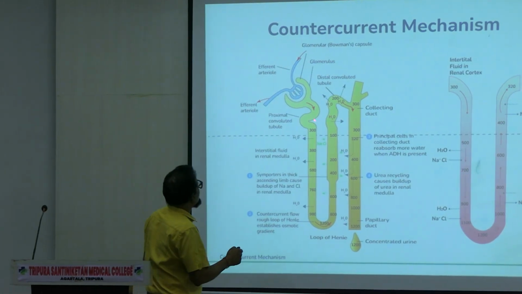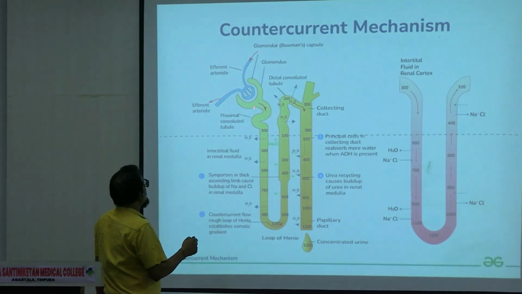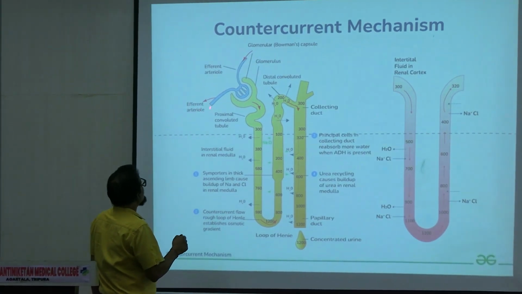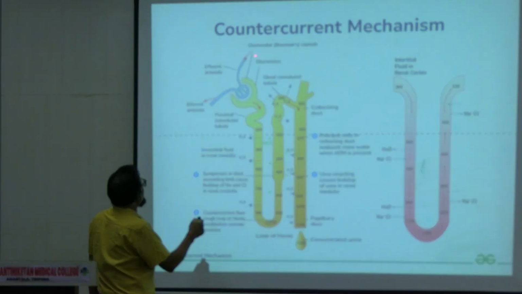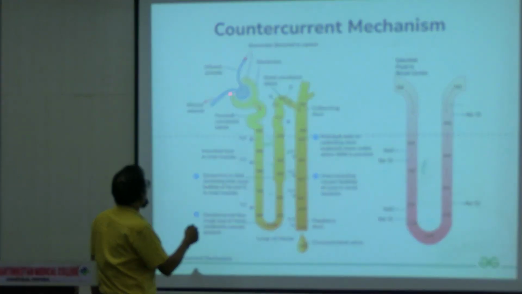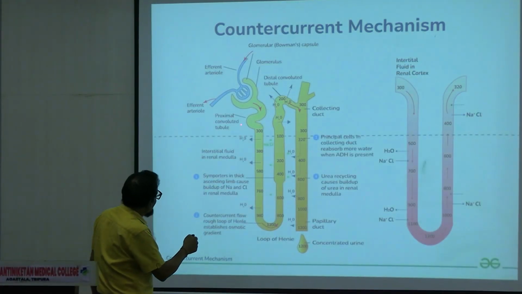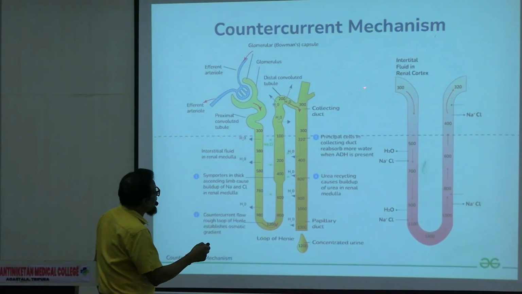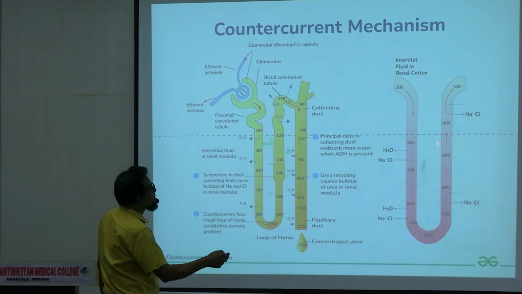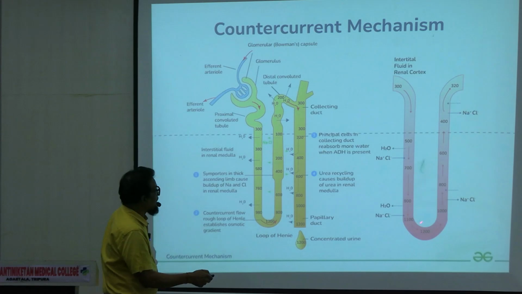So here you can see this is the efferent arteriole. It will enter into the medulla and form this. What is this? This is the vasa recta.